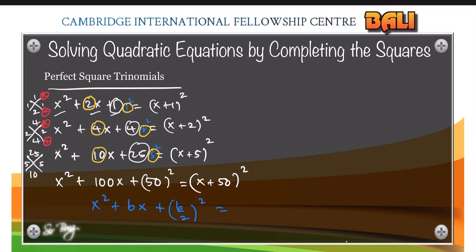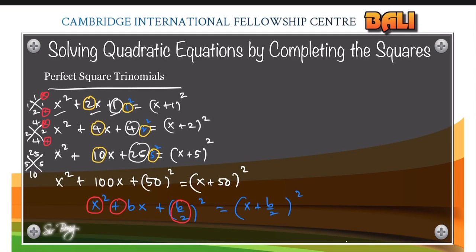So this will be equal to, you only need these three items here, the x, the plus sign, and this one. So that can be equated to just x plus b over 2 squared.